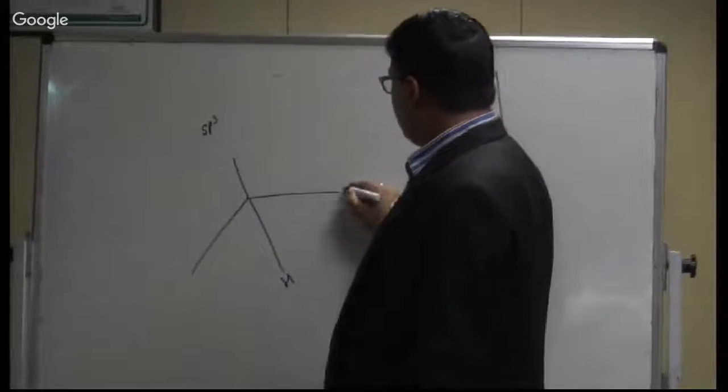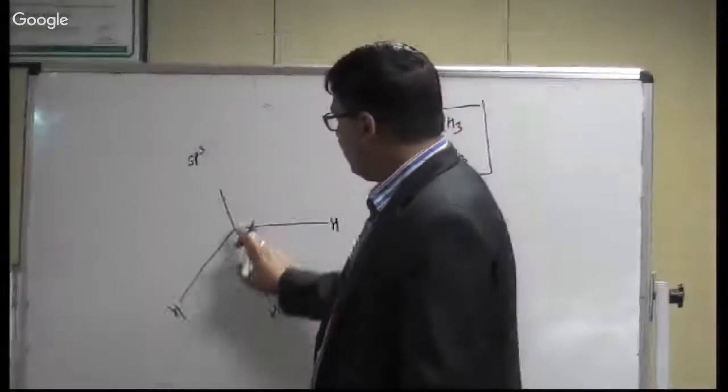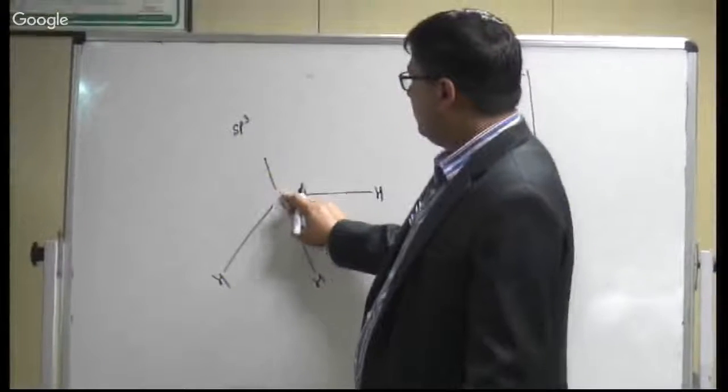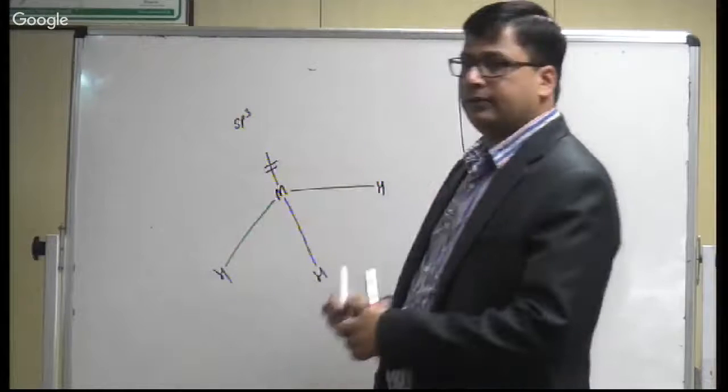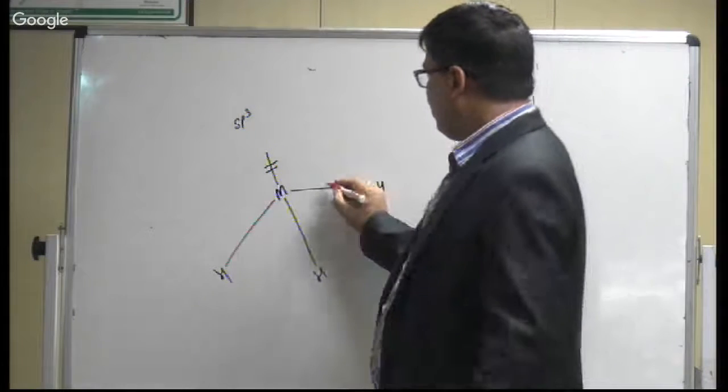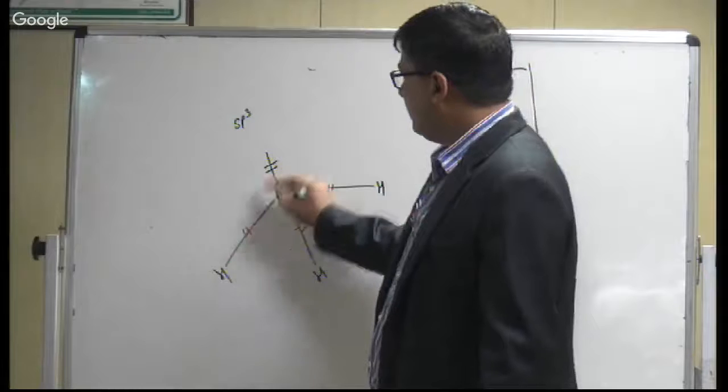So this is hydrogen, hydrogen, hydrogen, and let's say this is not nitrogen, I'm writing M. This is the lone pair, so there are bond pairs and this is a lone pair.